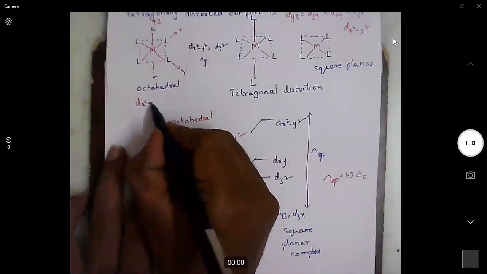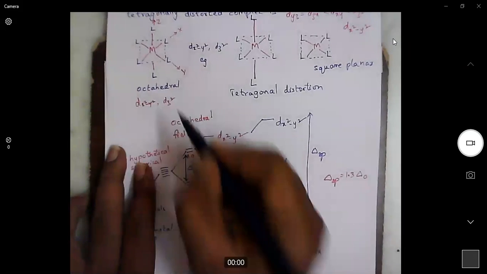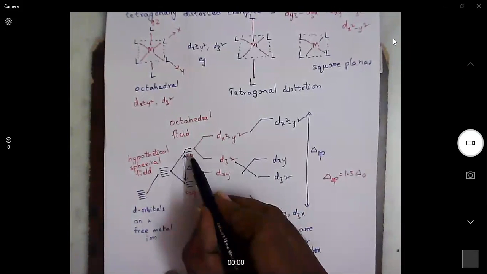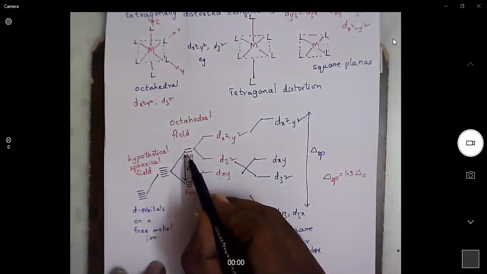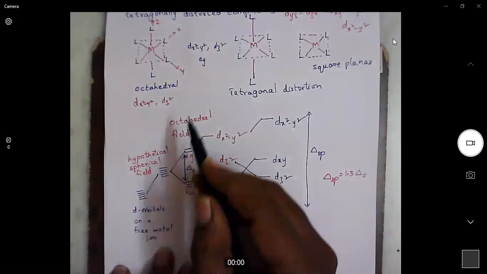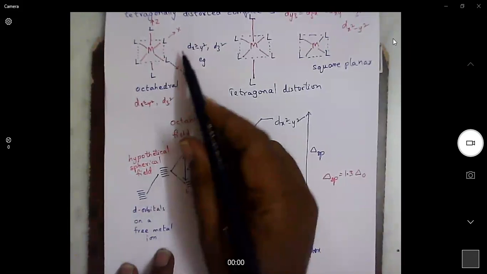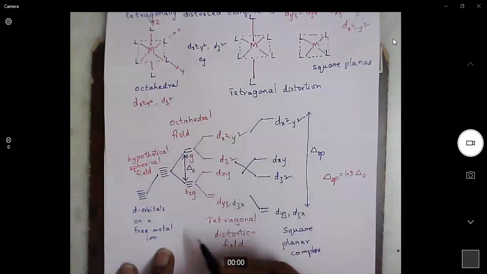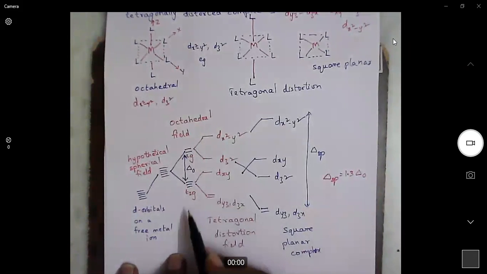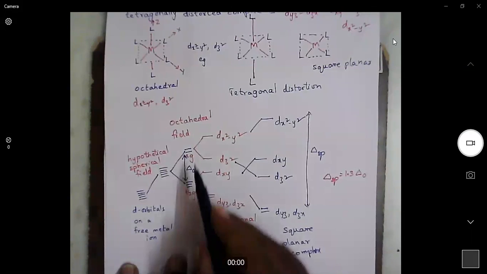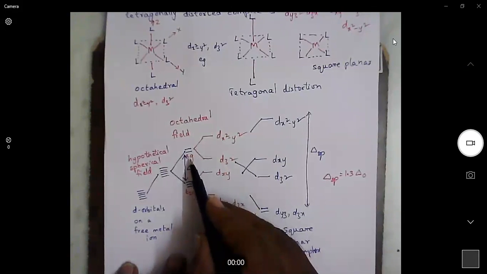That is why they will increase their energy, whereas orbitals which lie in between the axis, that means dxy, dyz and dzx, will stabilize. So in an octahedral complex, three t2g orbitals are stabilized, two eg orbitals are destabilized.